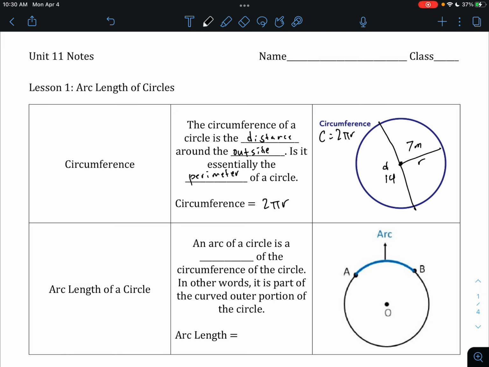So in this equation, C equals 2 pi r, circumference equals 2 pi r. We can plug that in. C equals 2 pi times 7. And that should give us 14 times pi. And if we put that into our calculator, there is a button for this. So second, and then the pi button. If you're not sure on where to find the pi button, it is directly below clear, but you have to push second first.